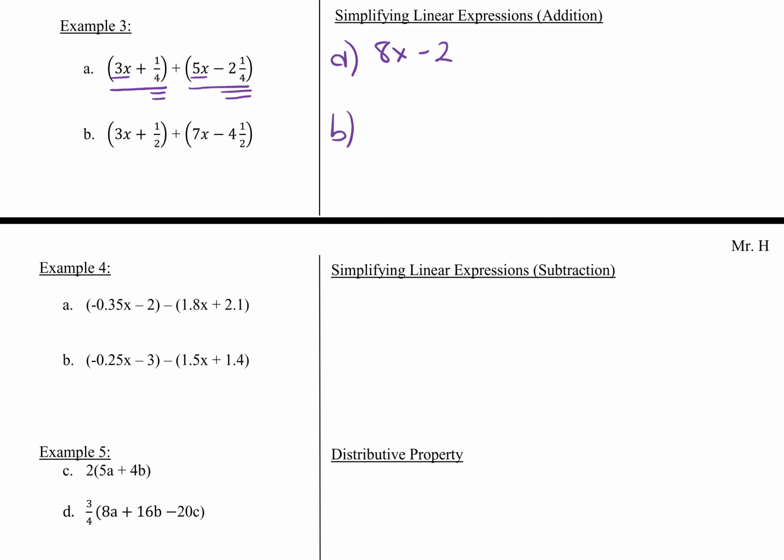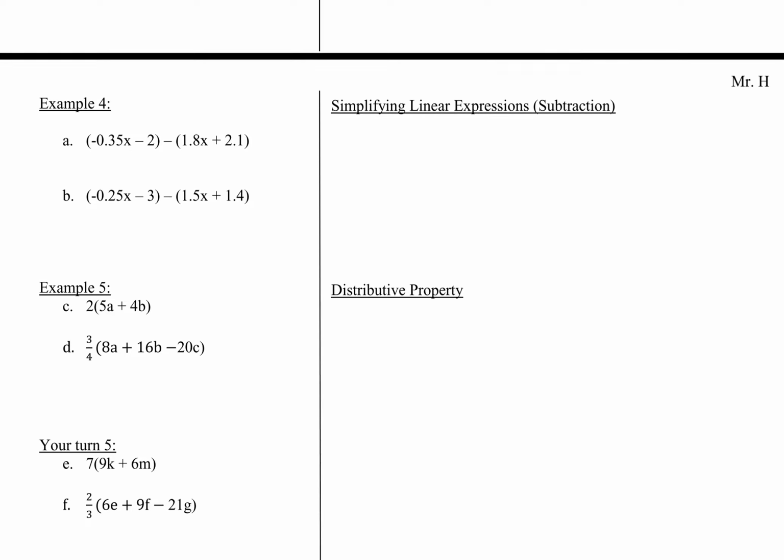We can do the same thing for b. 3x and 7x make 10x. And a positive 1/2 and a negative 4.5 just make negative 4. So notice we didn't change anything different. The parentheses didn't throw anything off. All we're saying is we're adding two expressions together, and it's the same thing as combining like terms.